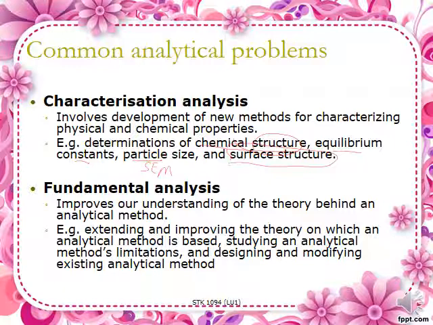Okay, the next analysis is fundamental. So fundamental goes back to the theory behind any analytical method. For example, we already have the standard method to measure pH. Therefore, chemists have improved that standard method to measure pH, for example.